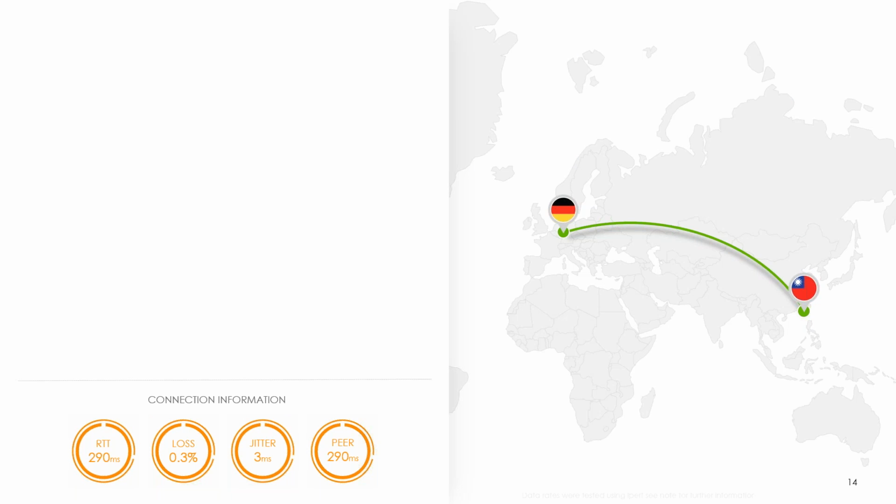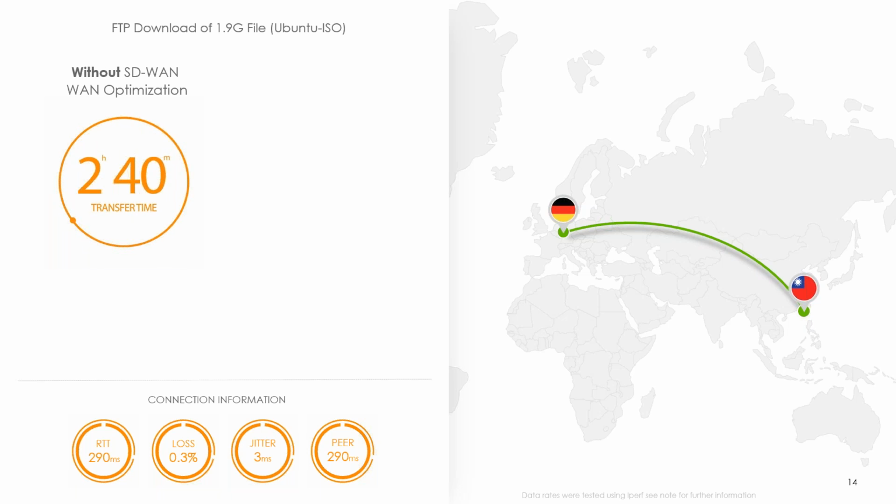WAN optimization. So we did a transfer test between our HQ office and our German office for a Ubuntu image file, 1.9 gigs. And without WAN optimization, we got 300 kilobits per second, and the transfer time took 2 hours and 40 minutes.